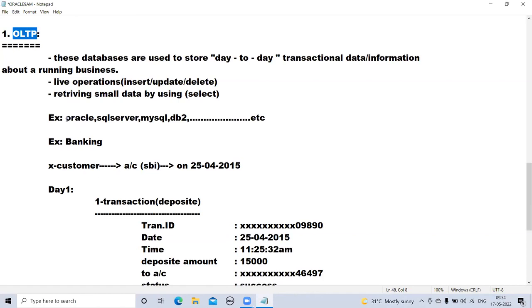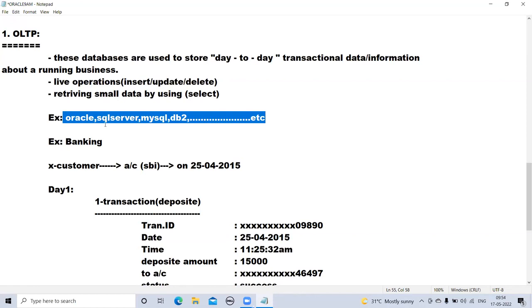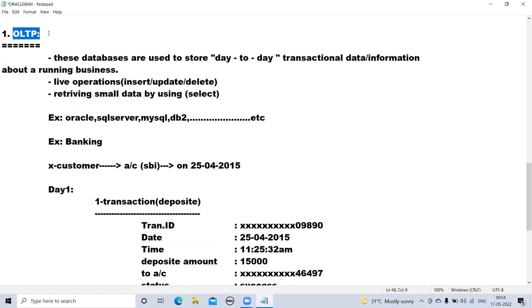By using these software, I can perform my live transactions on day-to-day operations. Whatever day-to-day operations and transactions we perform, I can perform through these software. These are the best examples of OLTP database software.